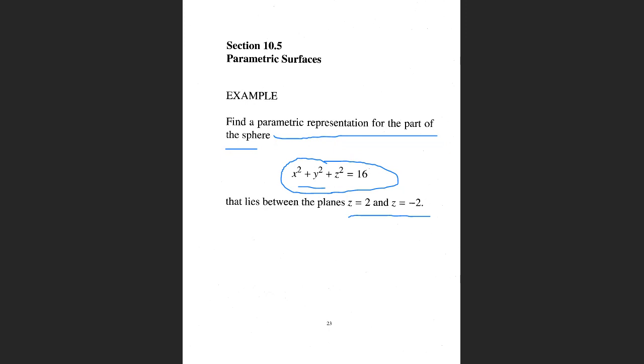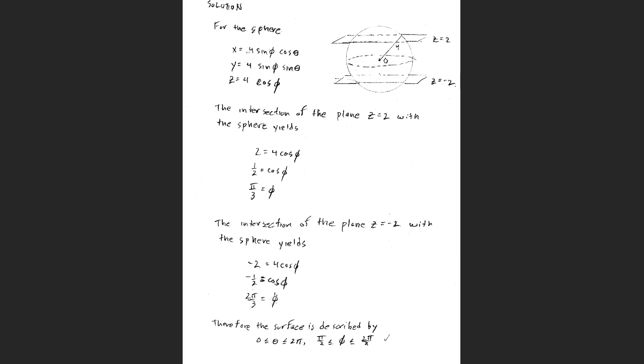When I go to the solution here, I have a little picture, and I did this problem just like a student would. I note that for this sphere the radius is 4, so that just stays there. But these are the parametric equations, the x, y, z components for a vector function with parameters theta and phi.